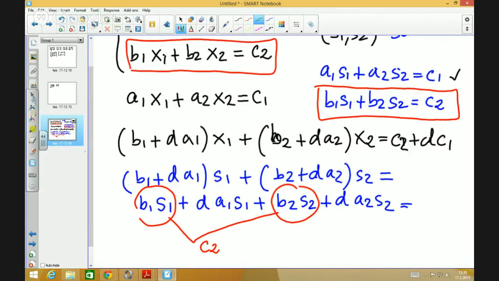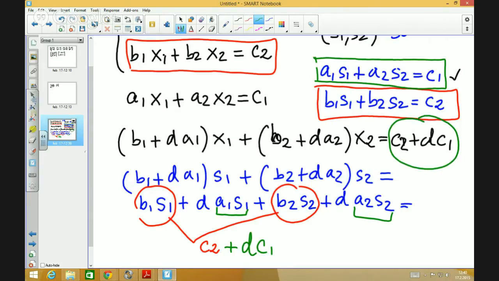Let me use a different color. Okay, look at this green part. This green part tells us that A1 S1 plus A2 S2 gives us C1, and we are multiplying that by D. So what we get by summing these two summands here is D times C1. But lo and behold, this is exactly what we wanted this thing to be. So S1, S2 is a solution to equation 2.